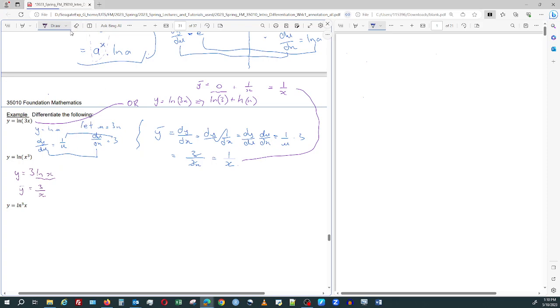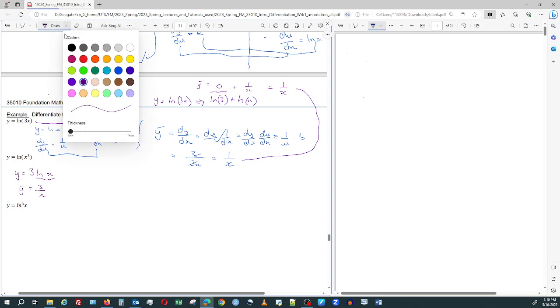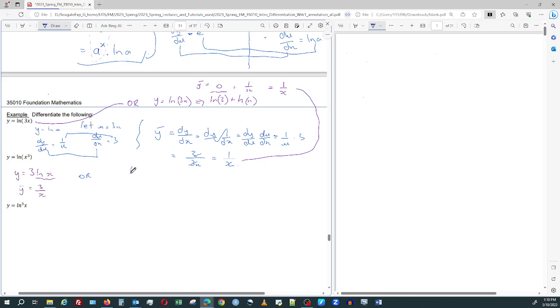Okay. Also though, my preference is that you develop your chain rule. Okay. So for y equals the ln of x cubed, let u equal x cubed. So du/dx. And then we can run back here and write y equals the ln of u, and then we can do dy/du. And there's our chain. We're going to put those together. So the derivative of ln u is 1 over u.